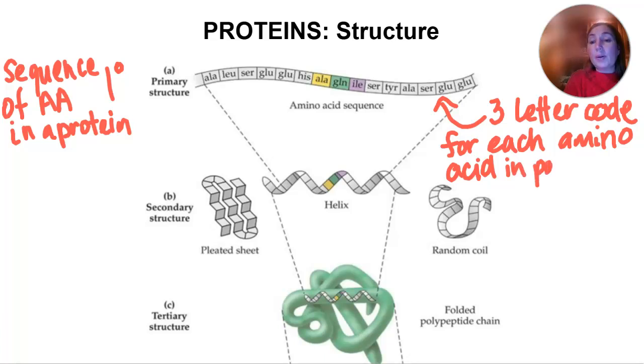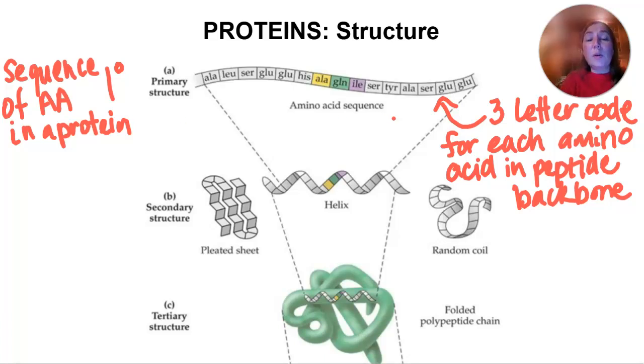In the peptide backbone. What do I mean by that? Well, the sequence shows ALA for alanine, LEU for leucine, SER for serine, and they just go on like that with their 3-letter abbreviations: GLU, GLU, HIS, ALA, GLN, ILE, SER, TYR, ALA, SER, GLU, GLU.